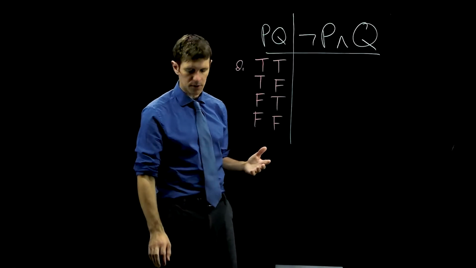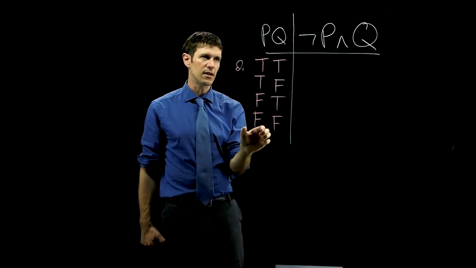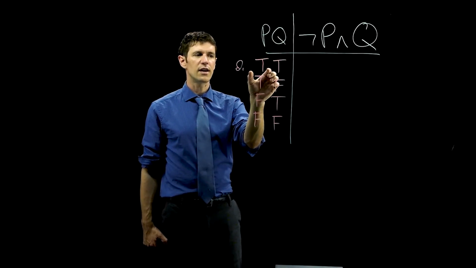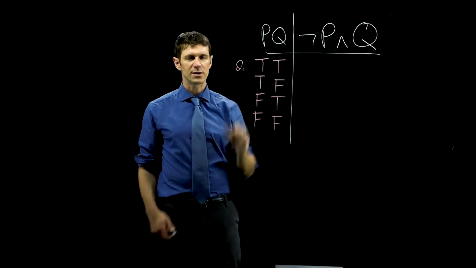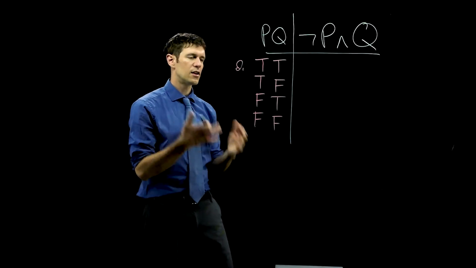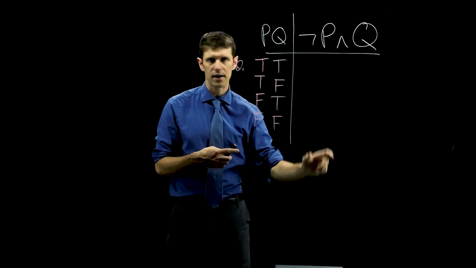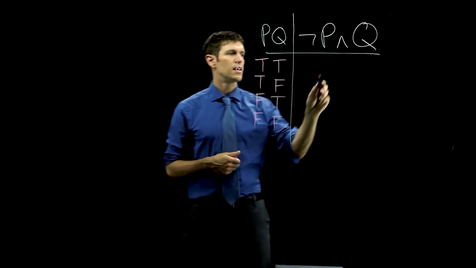For each case of P, we'll take the truth value that is interpreted with respect to P and write it underneath P in the formula. In other words, we're going to take all the information that's found under this column and just directly write it underneath P in the formula here.